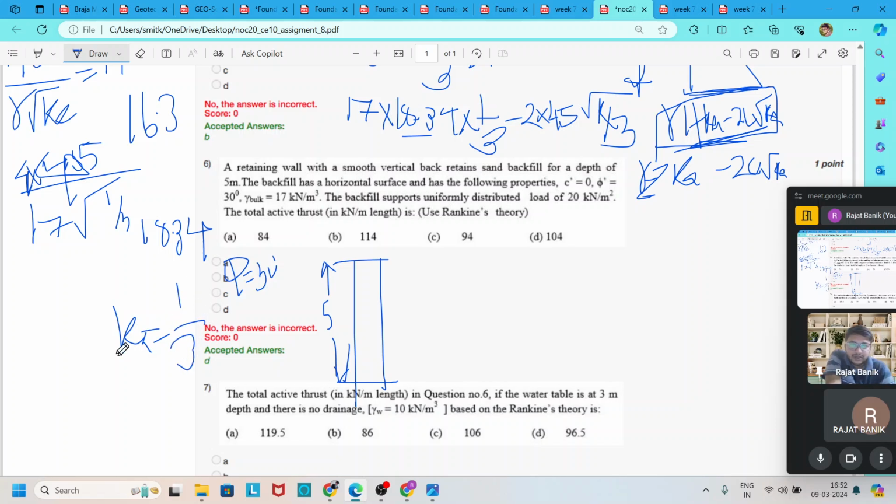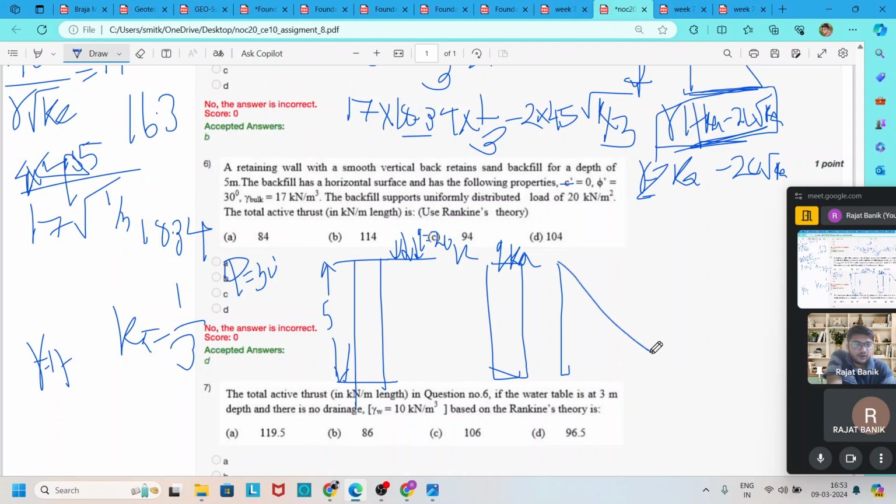Gamma bulk is given as 17 and C is equal to 0. Also, there is a surcharge Q equal to 20 kilonewton per meter square. Due to the surcharge, the pressure diagram becomes Q into Ka, and due to the soil, the pressure diagram is 0 at the top and gamma Ka into H at the bottom.